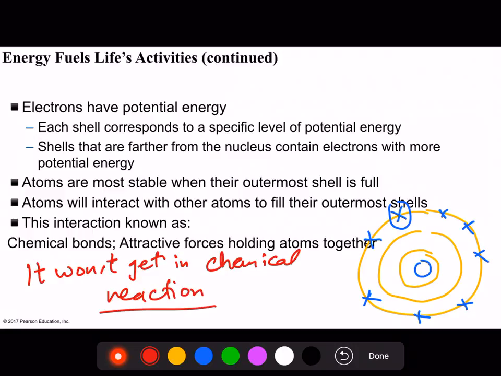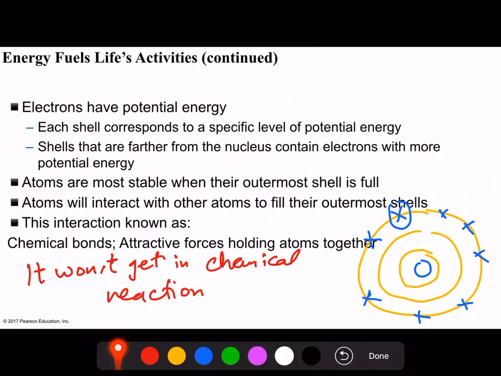That is a stable atom. But in nature, only few atoms are stable. Most of the atoms in nature don't have 8 electrons in their outermost shell.